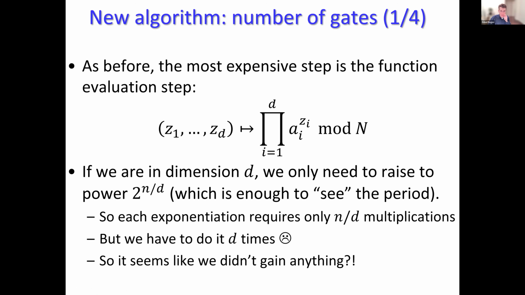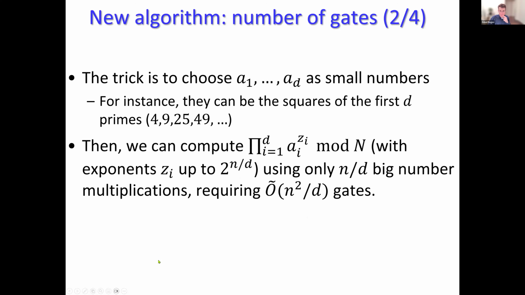Okay? So here's the trick. And this goes back to Shafi's question. So the trick is that we actually need to choose the numbers a1 up to ad as small numbers. Okay, so in Shor's algorithm, the numbers ai's were just chosen randomly, modulo the composite.